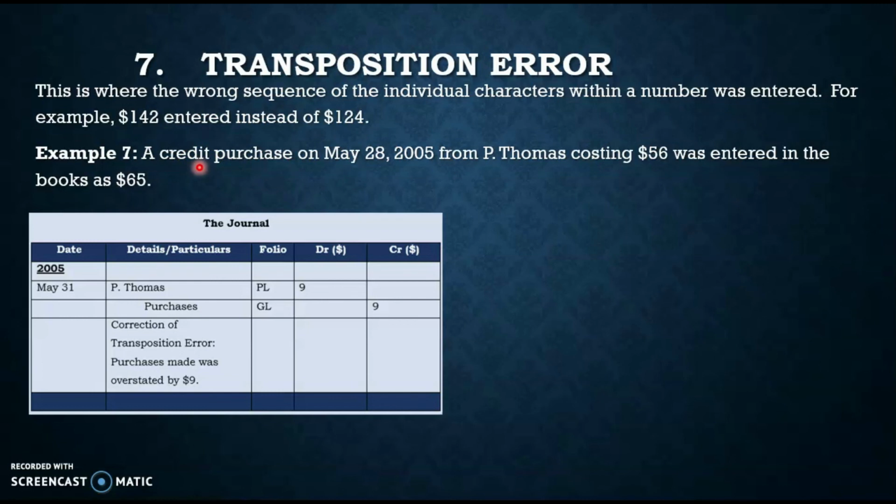But we are over, so it was overcast, so we're definitely going to have to do the opposite. Put it on the opposite side for P. Thomas to reduce it, and put it on the opposite side for the purchases to also reduce it. Our narrative for the correction of transposition error: purchases made was overstated by $9. So we overstated, causing us to put it on the opposite side to reduce it.